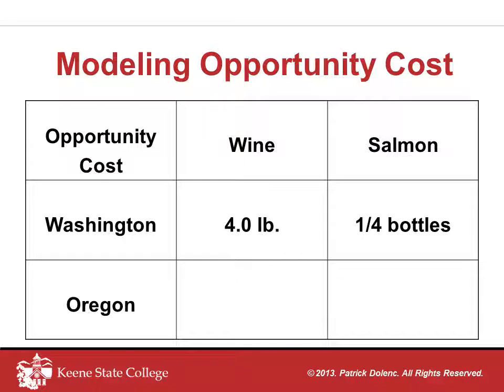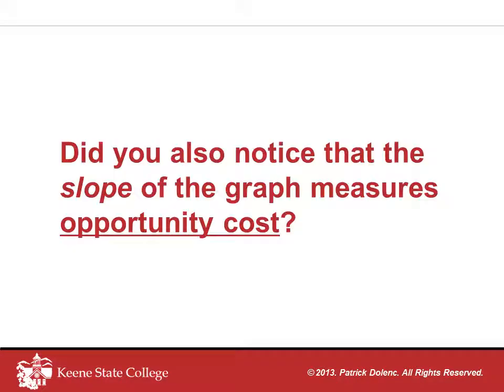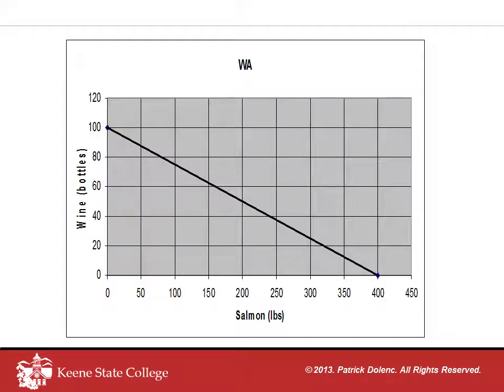Notice that the opportunity cost information, the numbers that we just calculated, could also be derived from the graphs, and that's because the slope of the production possibilities graph actually captures the opportunity cost of the activity on the horizontal axis. Verify this for yourself using the state of Washington as an example. The 100 bottles of wine on the vertical axis was the maximum.